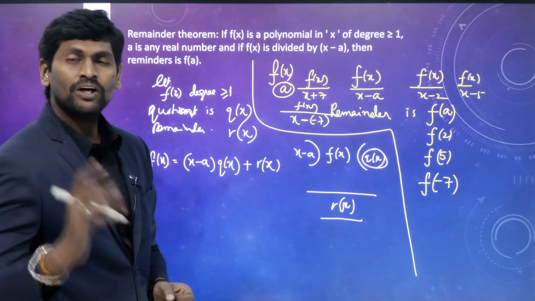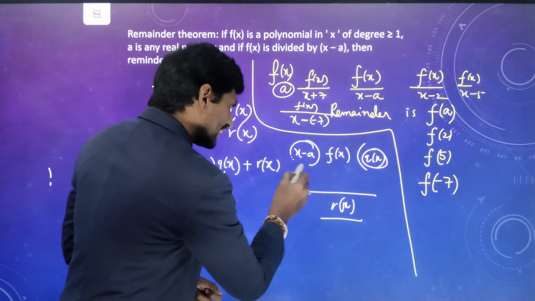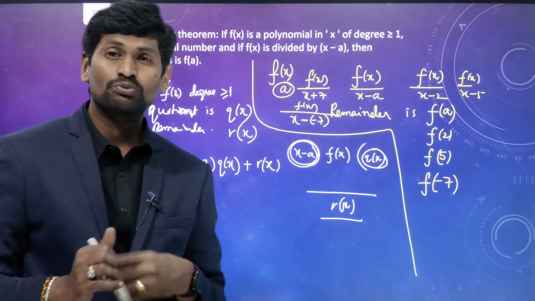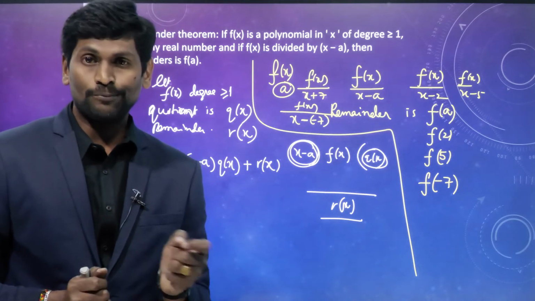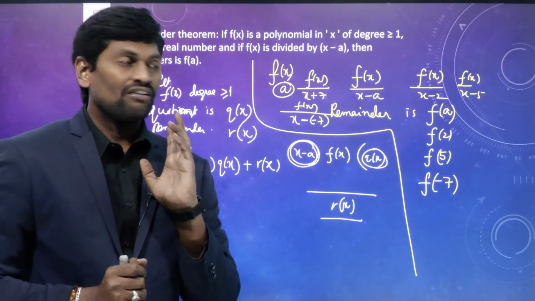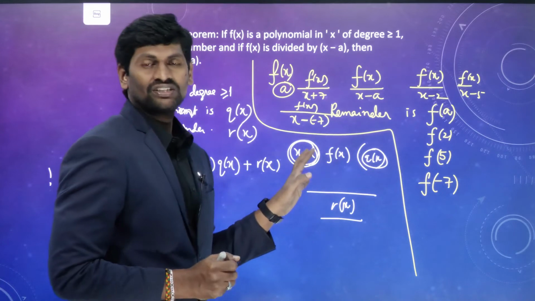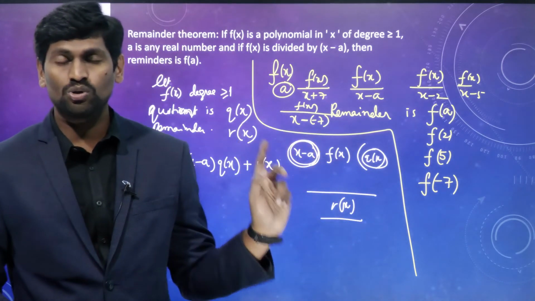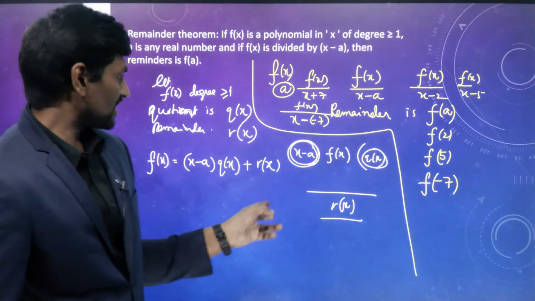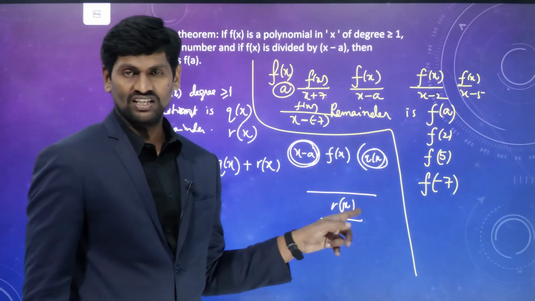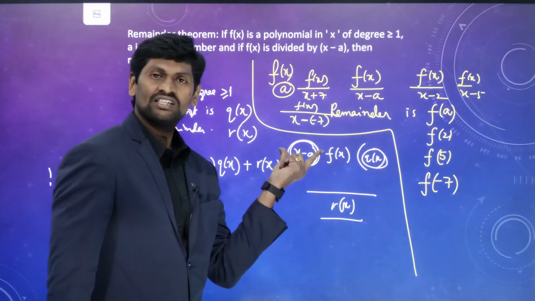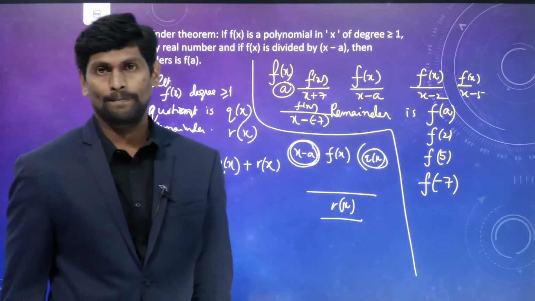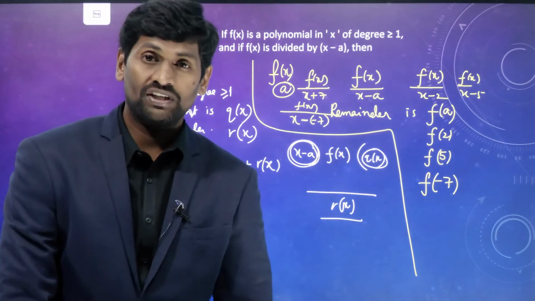Here one point you should remember. The divisor is x minus a, which is a linear polynomial, that means degree 1. Whenever you do division, the remainder's degree is always lesser than the divisor's. So if the divisor's degree is 1, the degree of r of x is 0.